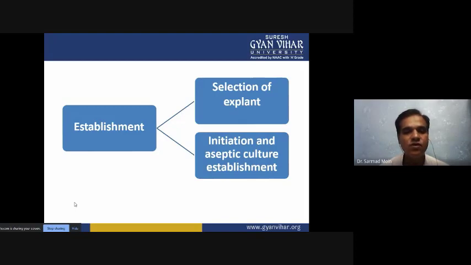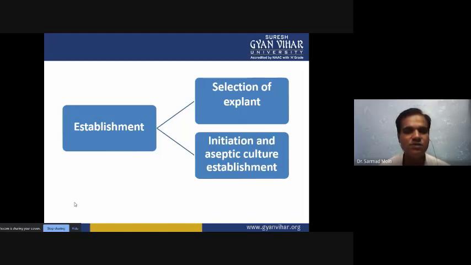Then we wash the explant with sterile distilled water 2 to 3 times, so that the ethanol on the surface of the explant is washed off. Then we use mercury chloride, HgCl2, preparing a 0.1% solution for surface sterilization.